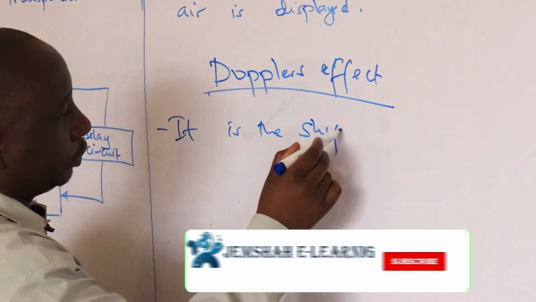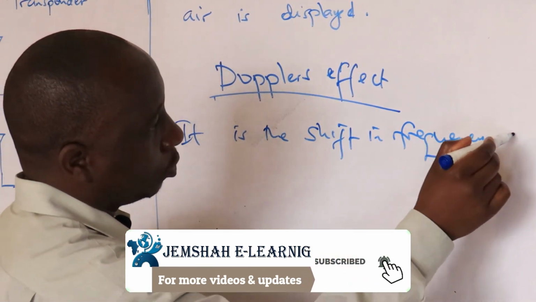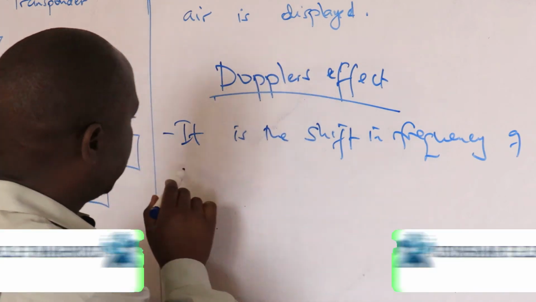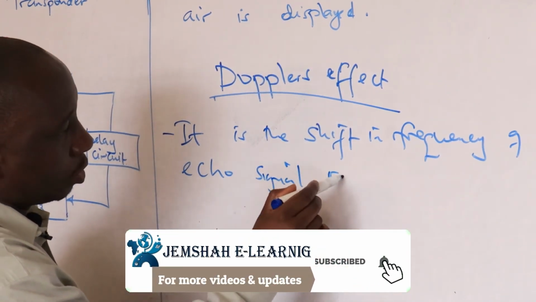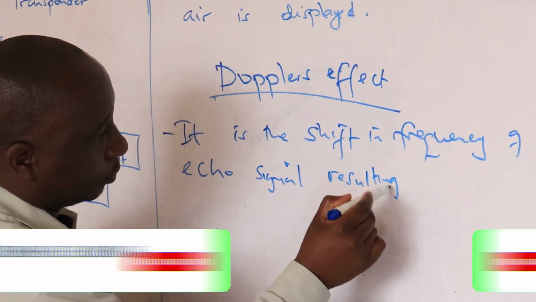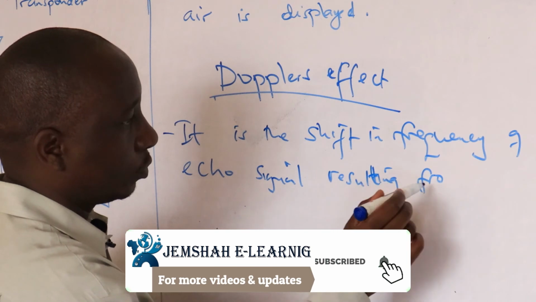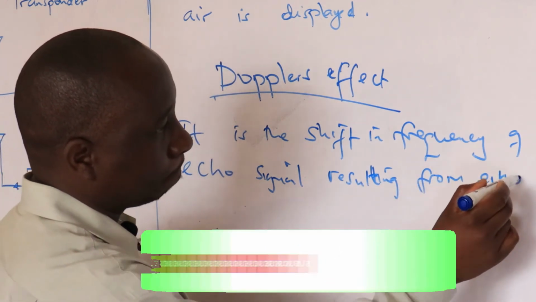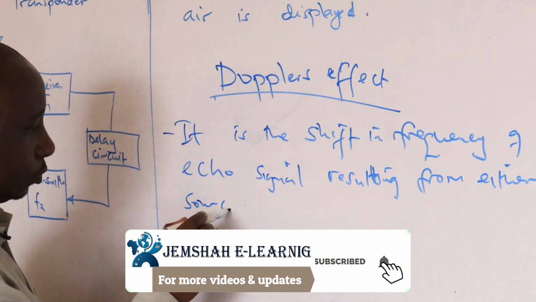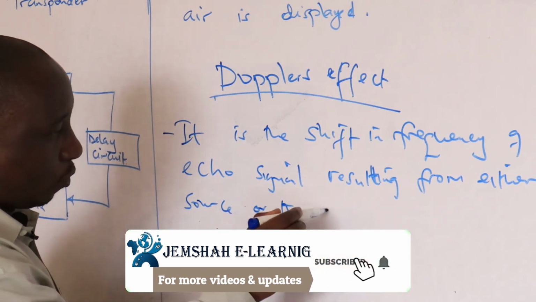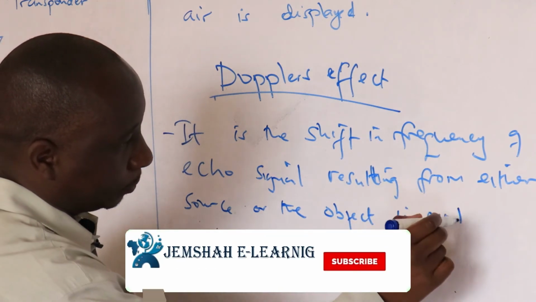It is the shift in frequency of the echo signal resulting from either the source or the object in motion.